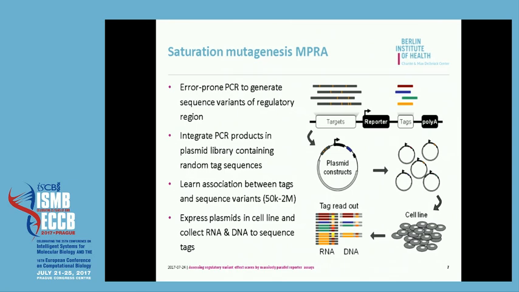So what we're doing here is we're using error-prone PCR on a region of up to let's say 600 base pairs in our case, and then we're integrating those haplotypes with different variants into a plasmid that has a reporter gene and a tag in its 3' UTR.